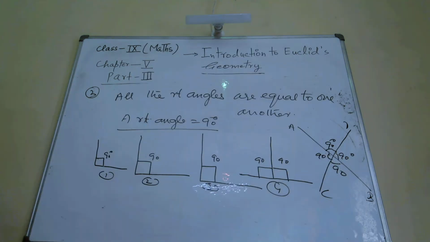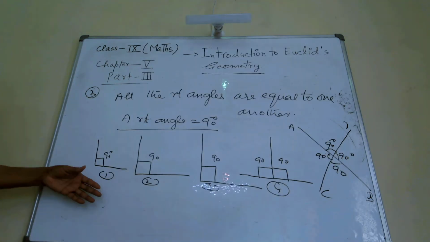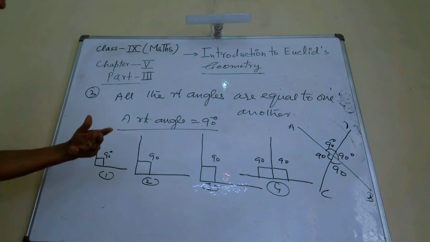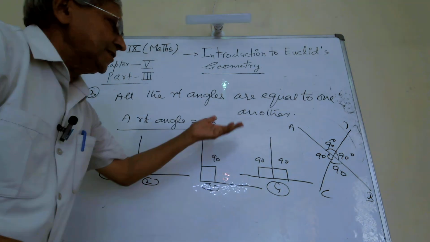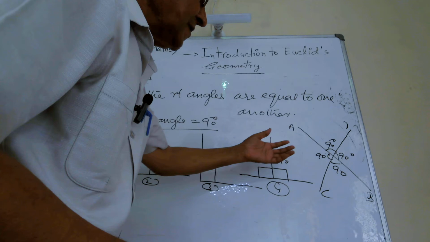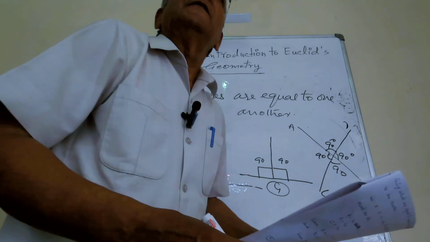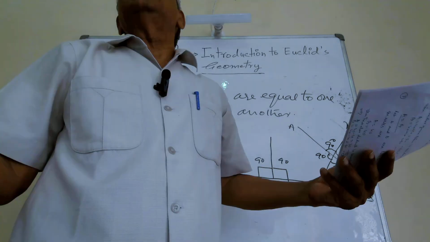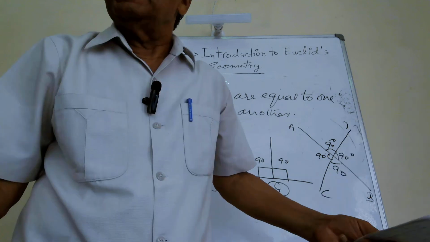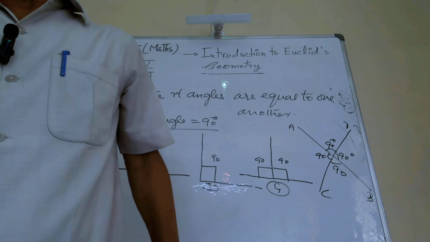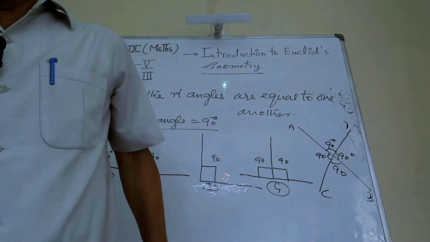So these are the examples of 90 degrees. 90 degrees may be like this, like this, like this, or like this. But all the 90 degrees are equal. This was the fourth postulate of Euclid's geometry.